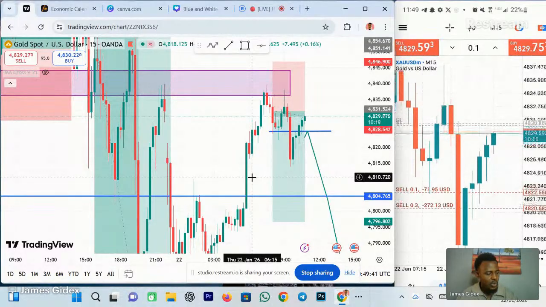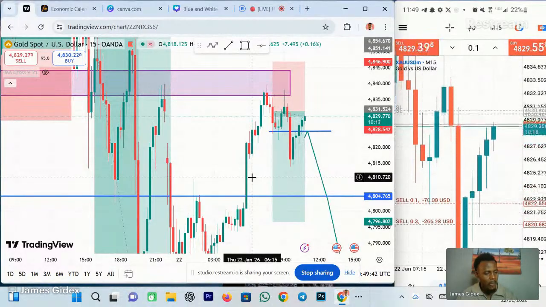It's getting close, very close to take us out. And never extend your stop loss. Never. But if you're in profit, you can break even or tighten your stop loss. But you don't move your stop loss once you have already put it.